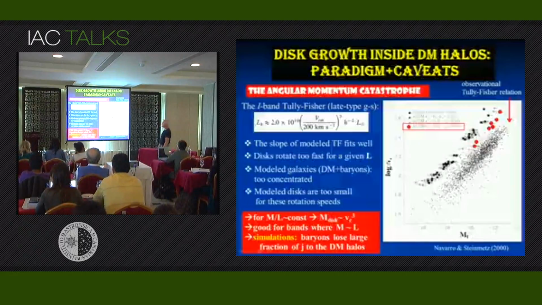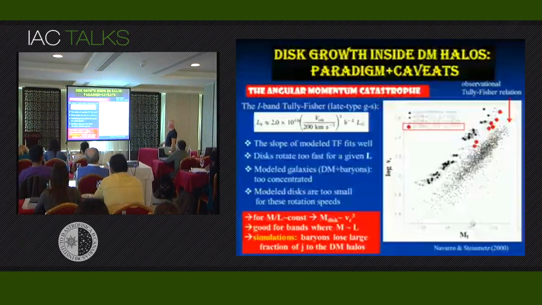Okay. So we have here the infrared luminosity in the I band versus the circular velocity. Please pay attention only to these full large circles. These are the simulations. These are also simulations, but they're bad, so we ignore them. So what you see here is that the overall correspondence in the slope is not bad at all. But there is a shift, right?